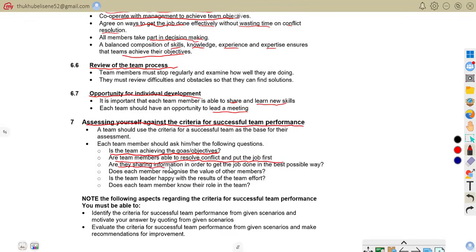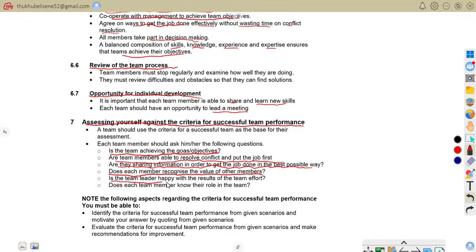Are they sharing information in order to get the job done in the best possible way? Do we share ideas? So that we can make sure that we come up with quality at the end. Does each member recognize the value of other members? Do you recognize the value and importance of other members?